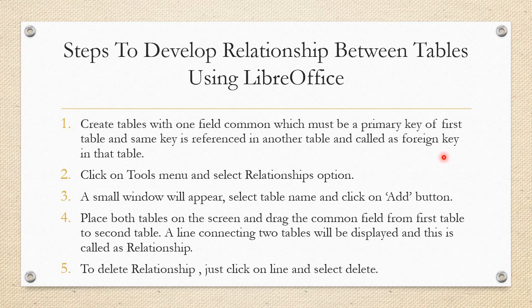Suppose I will just mark with a pen. Suppose this is one table where you have roll, because here you are going to see only the fields. You will not see the student's data here, only the fields. Okay, this is one field, roll number, this is another field, name.